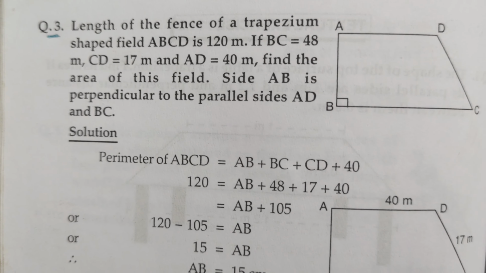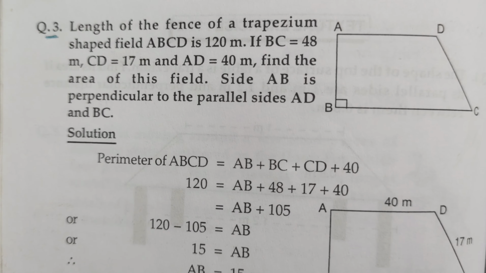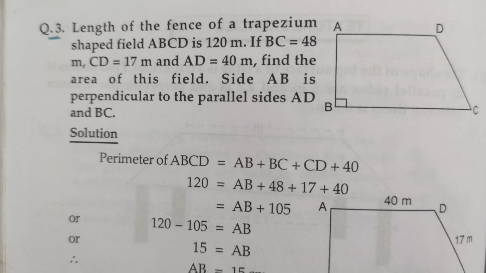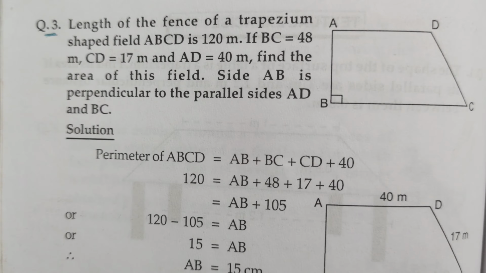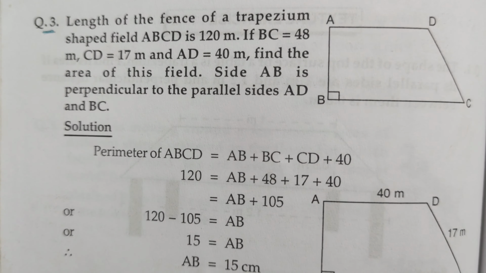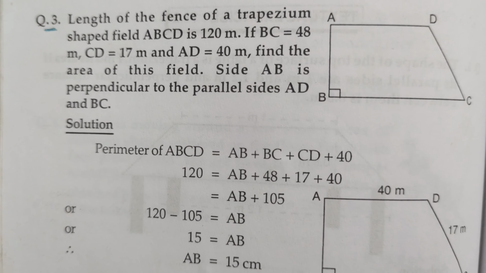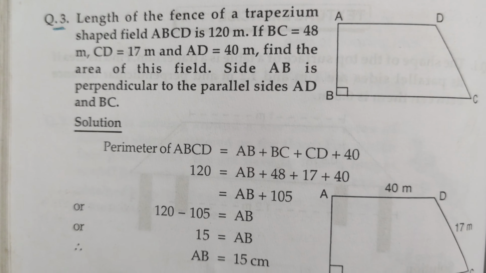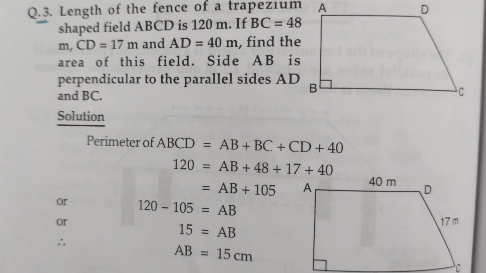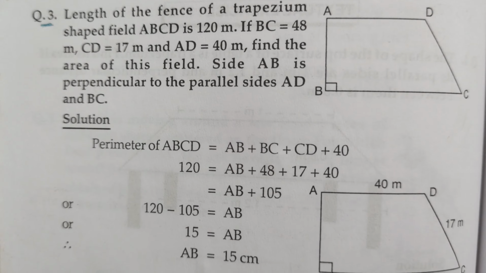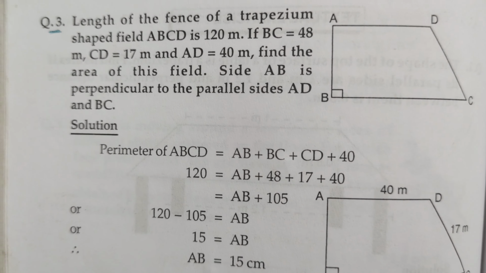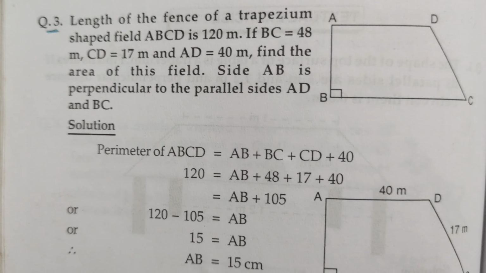Perimeter of ABCD is equal to AB plus BC plus CD plus DA. Perimeter of ABCD is given as 120, which equals AB plus 48 plus 17 plus 40. So we can find out the length AB, which equals 15. Then we have to find the area of this field, that is area of trapezium.